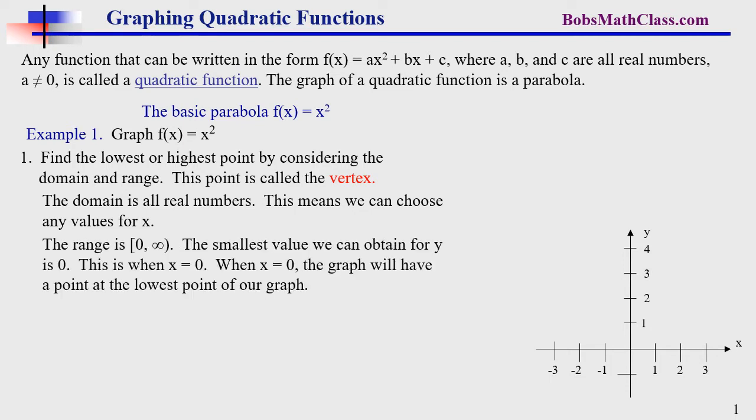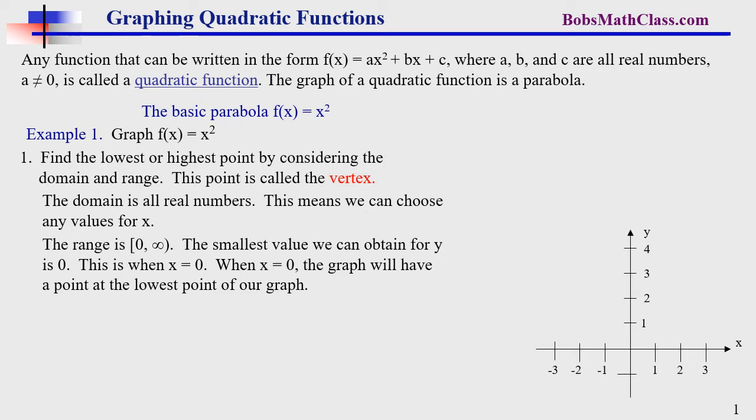Now the range is different. The range is from 0, including 0, to infinity. And that's because the smallest value we could obtain for y is 0, and this is when x equals 0. So when x equals 0, the graph will have a point at the lowest point of our graph.